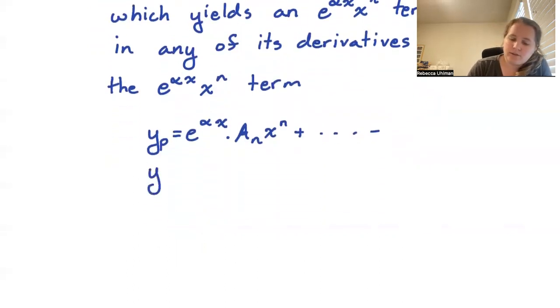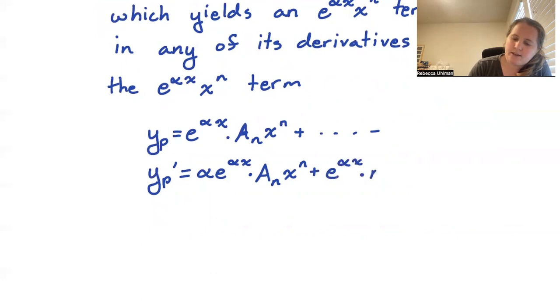That first derivative then would be, we would have an alpha e to the alpha x times an x to the n. And then we would have e to the alpha x times n times an x to the n minus 1 plus a bunch of lower degree.